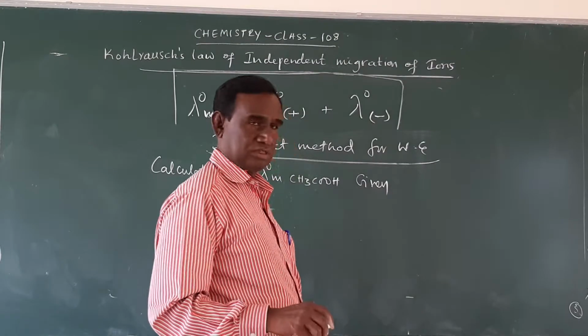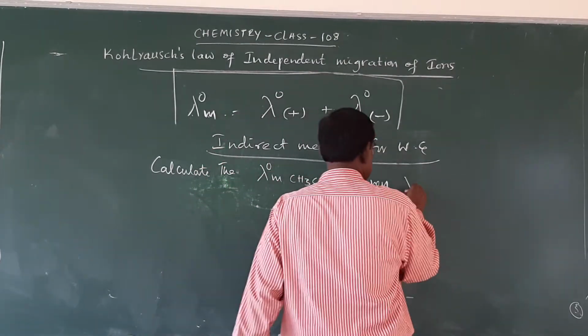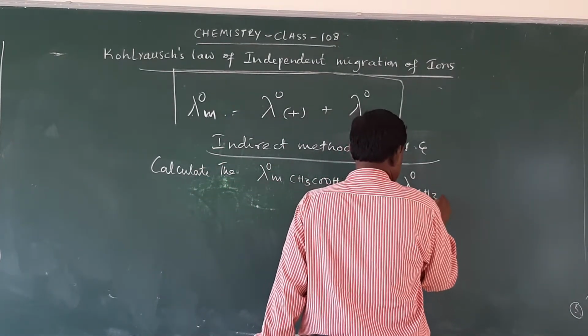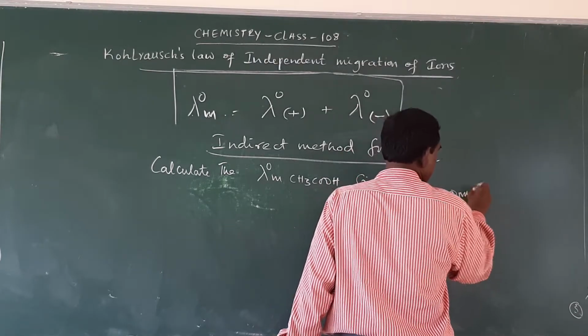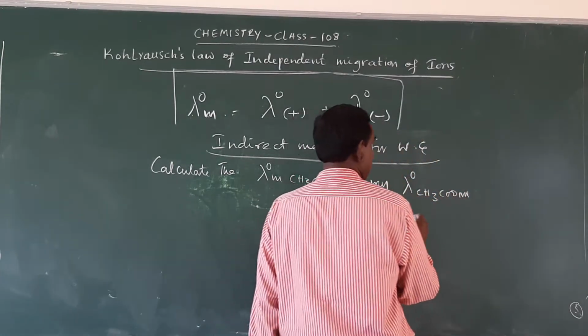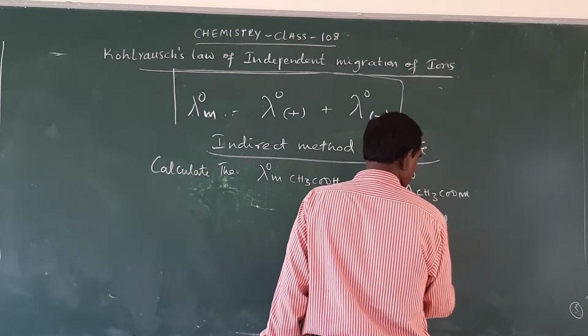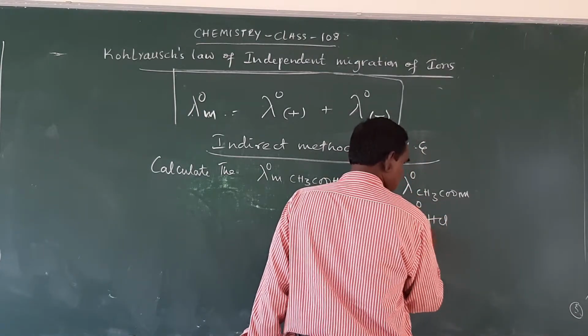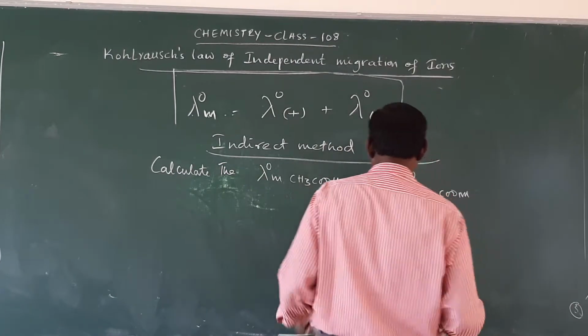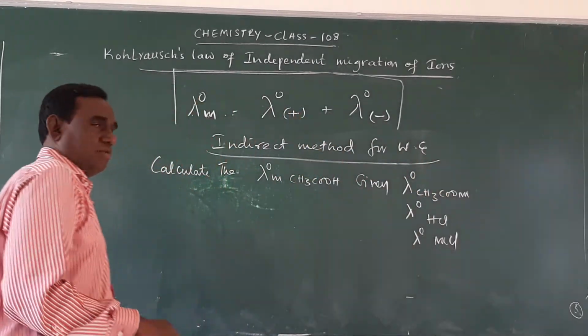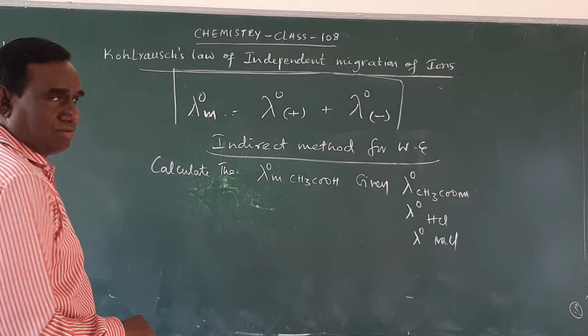So that means we need lambda naught of CH3COONa, and lambda naught of HCl, and knowing lambda naught of NaCl. By knowing all these values, we can calculate the lambda naught of acetic acid.